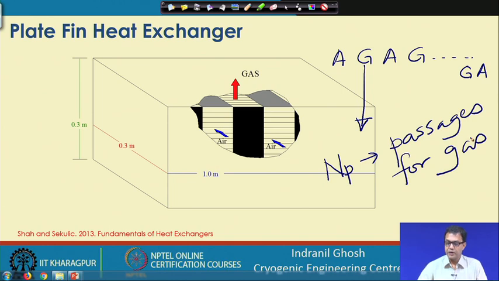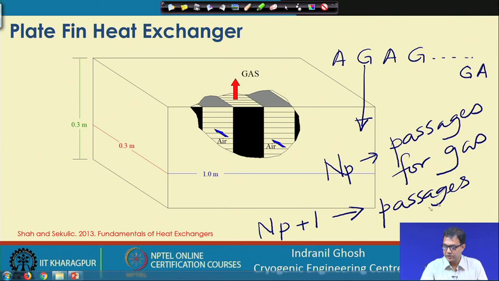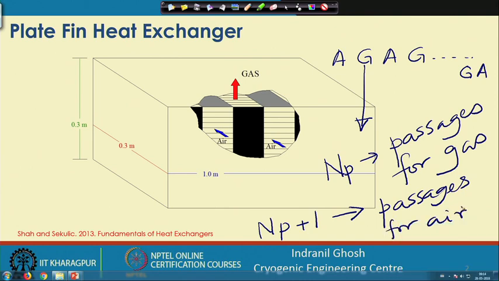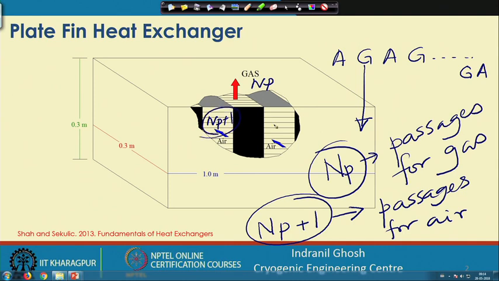If we have N p gas passages, then we have N p plus 1 passages designated for air. So altogether we have N p gas passages and N p plus 1 air passages over this entire length.